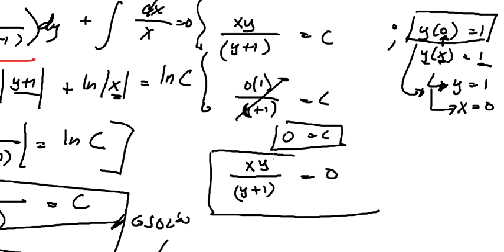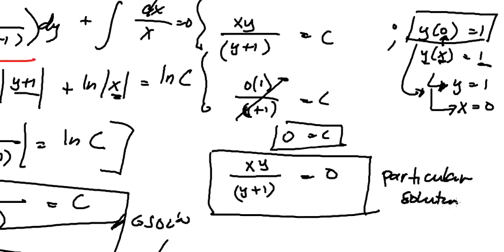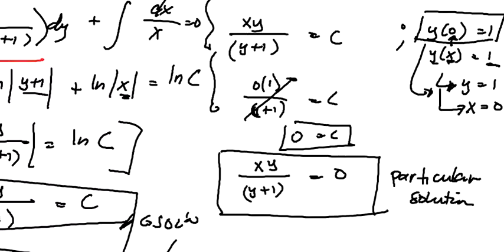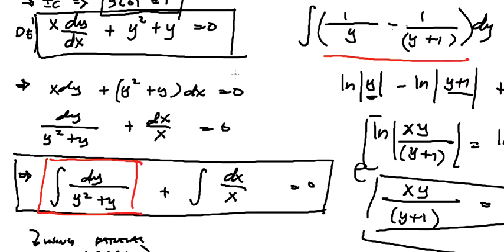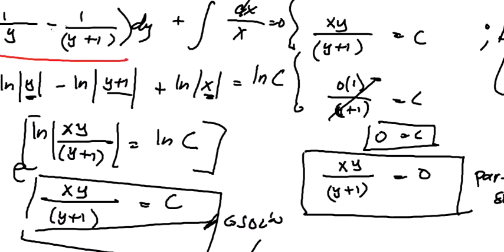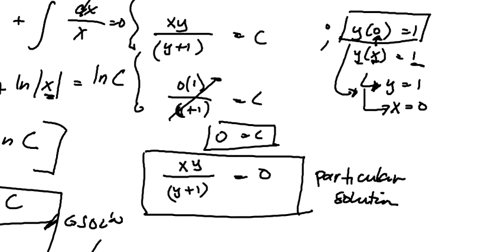This is now our particular solution for the given differential equation, x dy/dx + y² + y = 0. So once again, this is our particular solution.